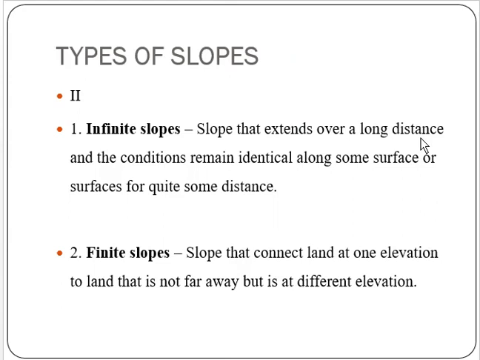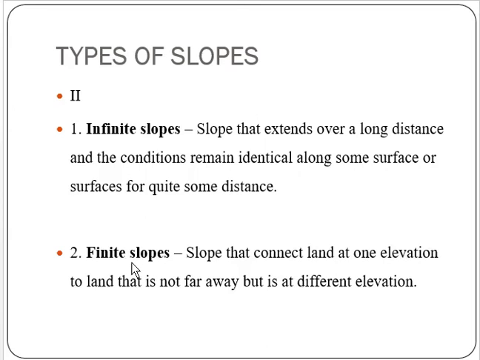Next classification: infinite slope and finite slope. From the term itself, infinite slope means a slope that extends over a long distance and the condition remains identical along some surface for quite some distance. That is, it extends over long distance, and the properties also extend for long distance, and it will be identical along some surface.